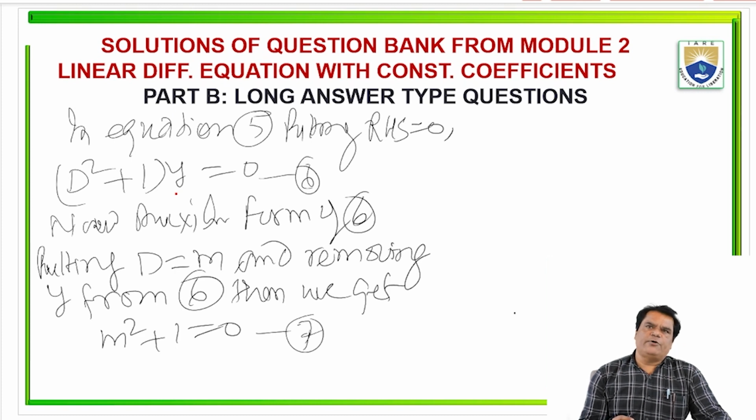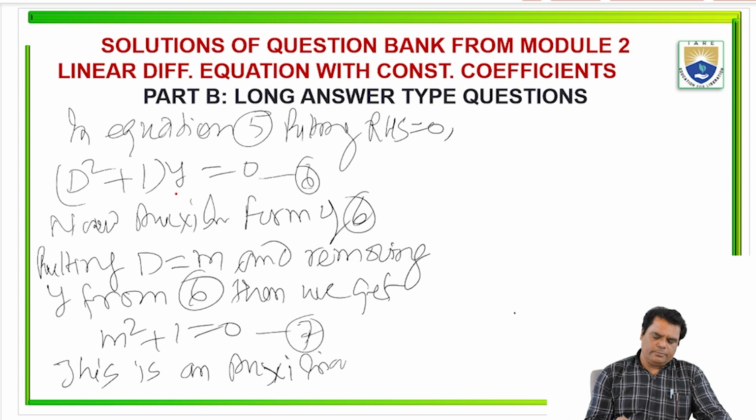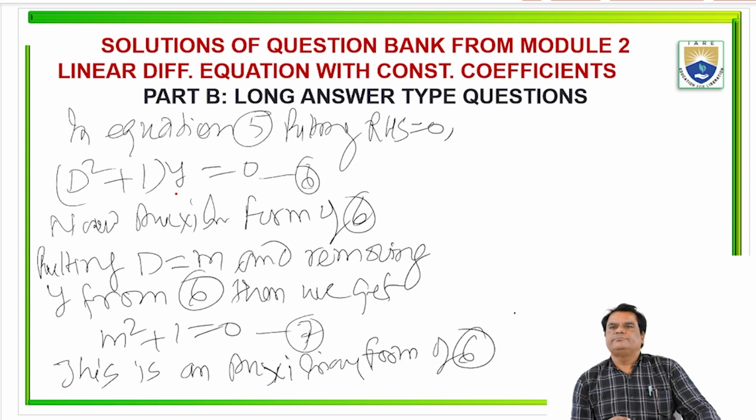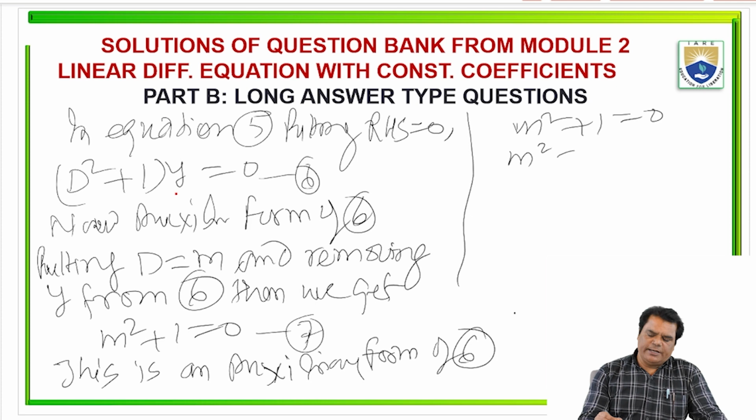This is the auxiliary form of 6. So here m square plus 1 equal to 0, m square equal to minus 1, m square equal to i square, and m equal to plus minus i.